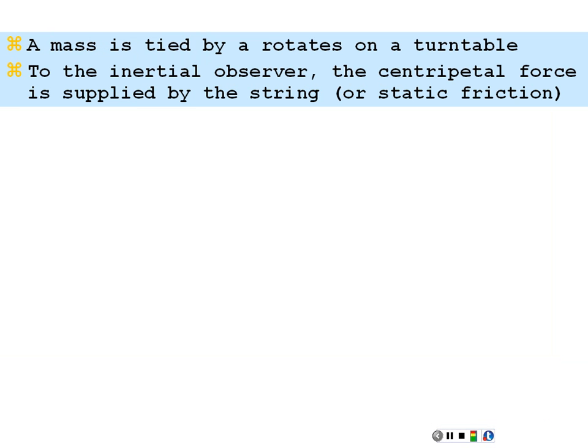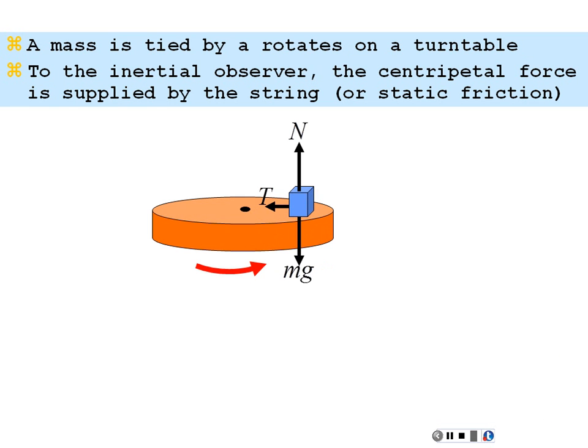Here's another example of a centrifugal force. Say you had a mass sitting on a turntable. Turntable is one of those old devices that used to move things that we called records to play music. So a turntable is going around. We put an object on it, and what's keeping it moving around on that turntable would be static friction.